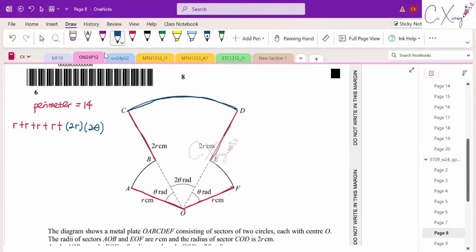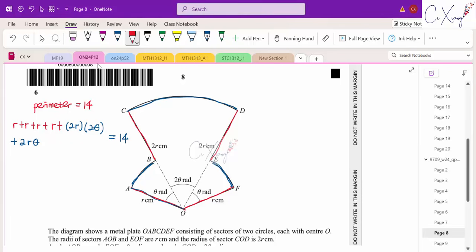Then I still have arc length AB, and arc length AB and EF should be the same, so you can directly take 2 multiplied by R theta, where the radius is R and the angle is theta. This whole thing equals 14, because the perimeter is given as 14 when you add all the sides that build the metal plate. So this is the formula that we have.